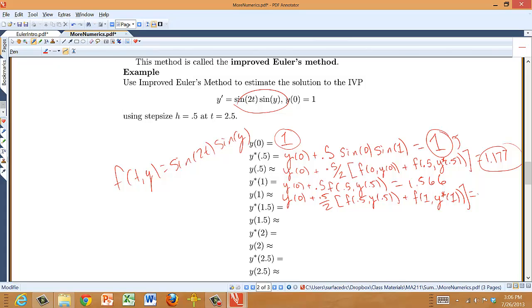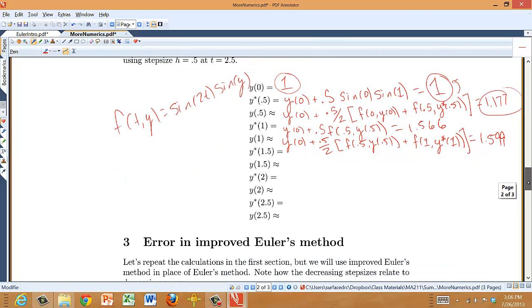And if you do that, you'll get 1.599. Okay. I can now calculate y star at 1.5. Again, that's using an Euler step. That's y at 0 plus 0.5 times f at 1 comma y at 1. And that would give you 2.053.